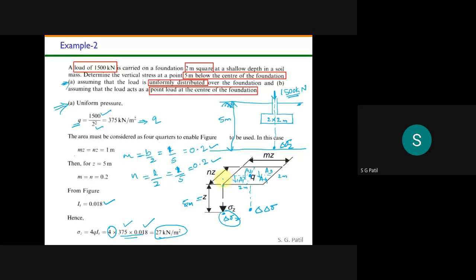Once I divide, my m and n values will change. They become half, because B and L are changing. Earlier B was 2 meter for the entire bigger square. Now for a smaller square it becomes 1 meter.